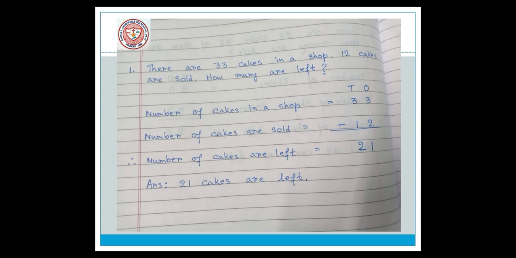Number of cakes sold 12. Now 33 minus 12 is equal to 21. Therefore, number of cakes left 21. It is mandatory to draw the minus sign and the therefore sign, and the answer is 21 cakes are left.